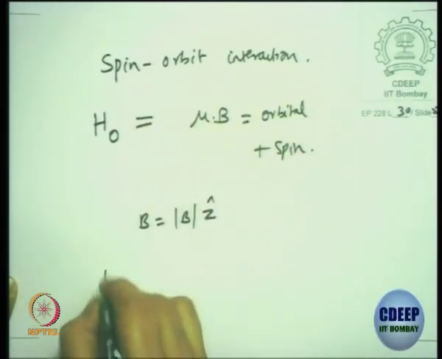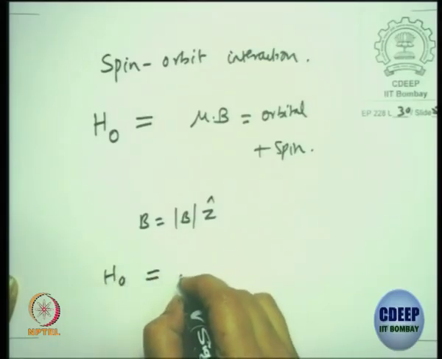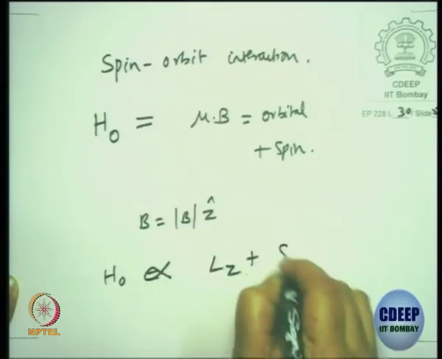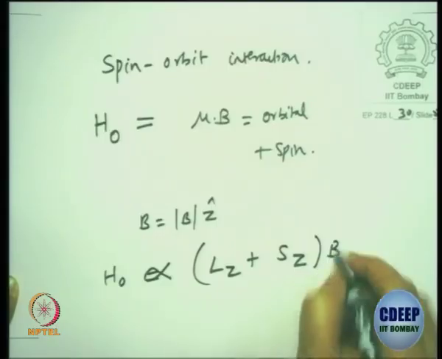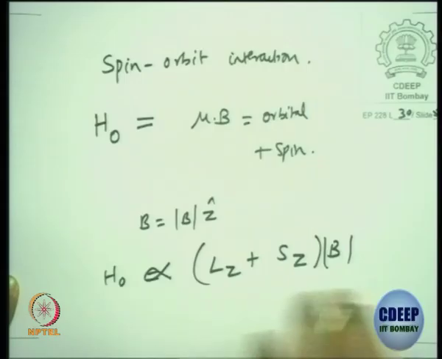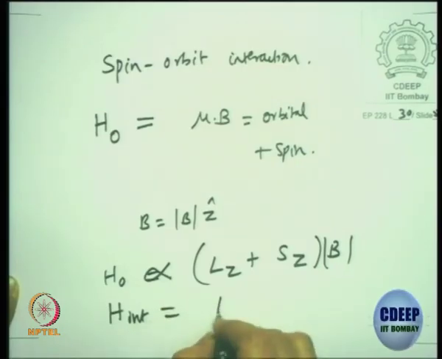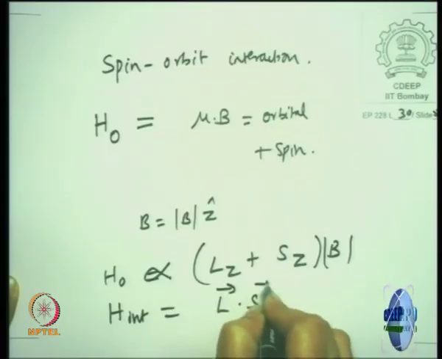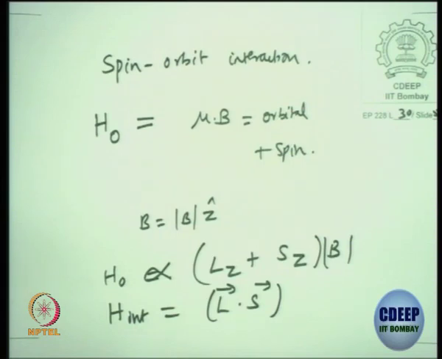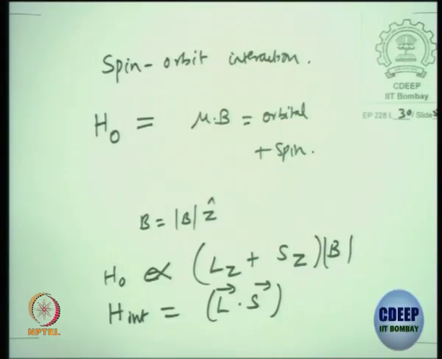You could have that H naught to be proportional to Lz plus Sz times B. Here Lz is separate, Sz is separate. But I could turn on an interaction, which is L dot S. So, if I do this, the interaction kind of allows us to go to the coupled basis, because you can try to write what is the total angular momentum and start working with it.